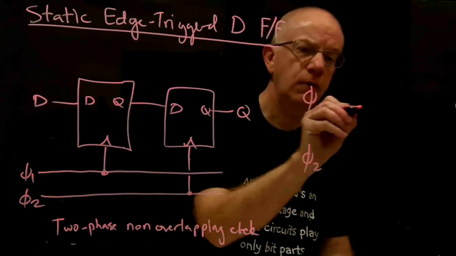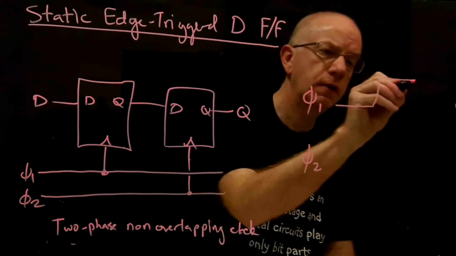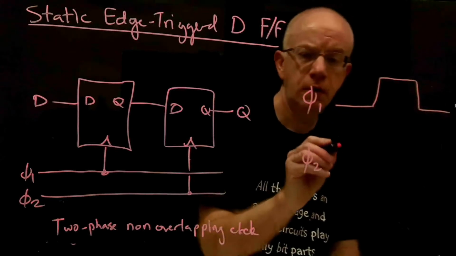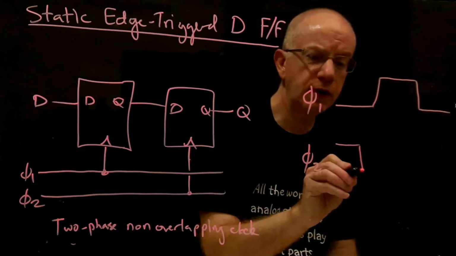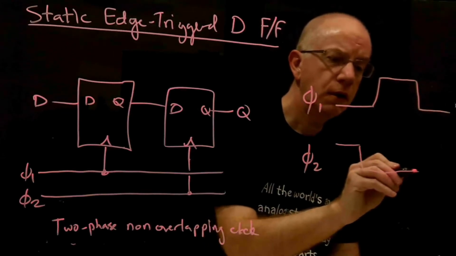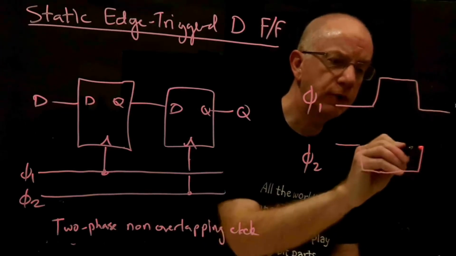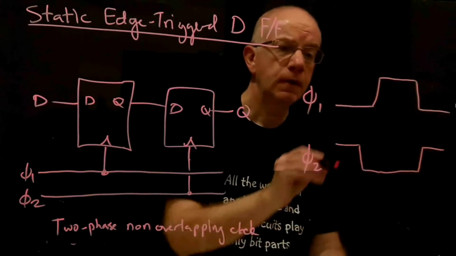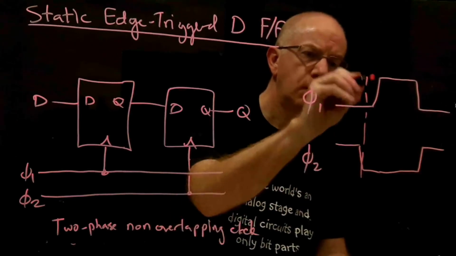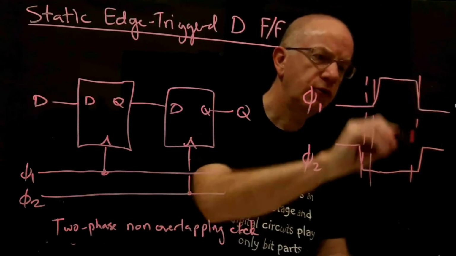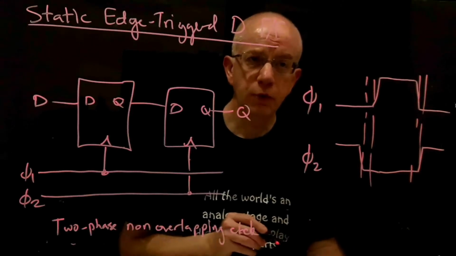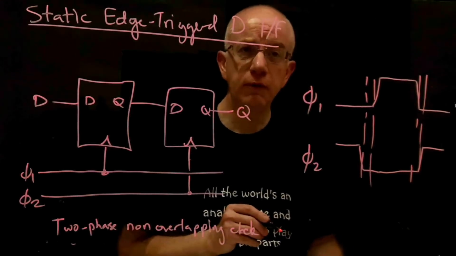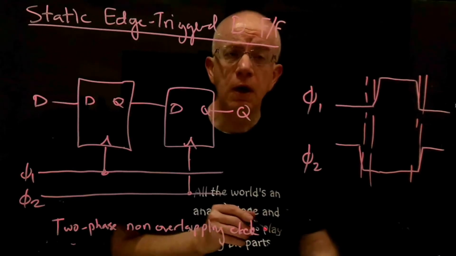Let's say phi 1 is low, goes high, goes low, and phi 2 is high, goes low before phi 1 goes high, and then phi 1 goes low before phi 2 goes high. And so there's a definite period of non-overlap between the high times of the two clocks. And there are ways to generate signals like this.